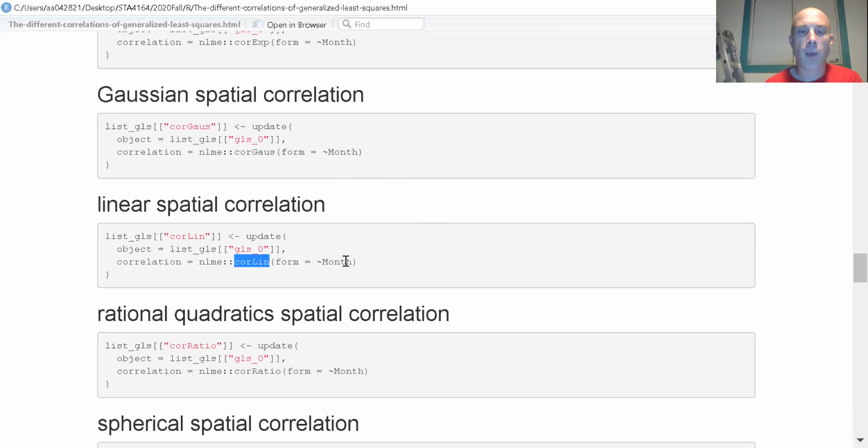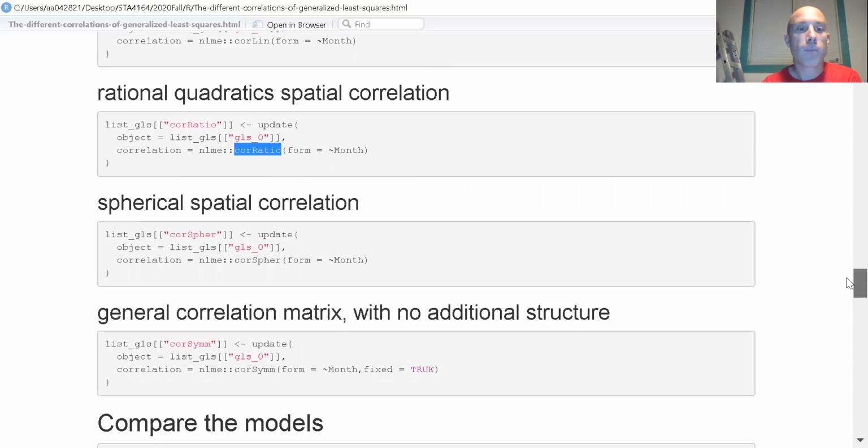Now rational quadratic spatial correlation, so corRatio is rational quadratics. Then we have spherical spatial correlation, that's corSpher. General correlation matrix with no additional structure is corSymm.